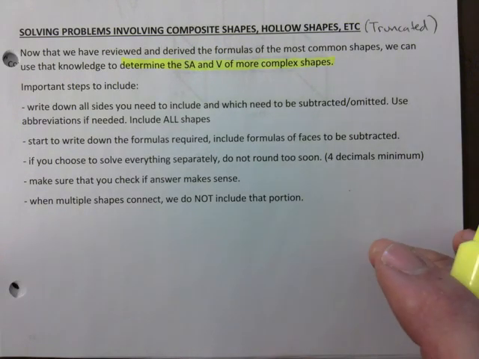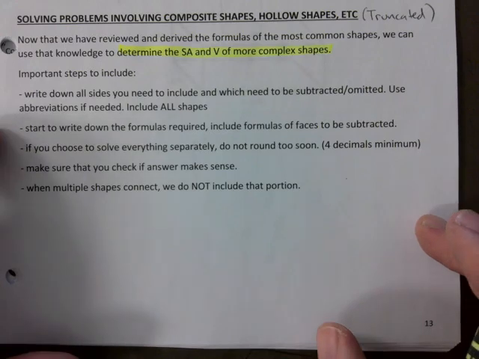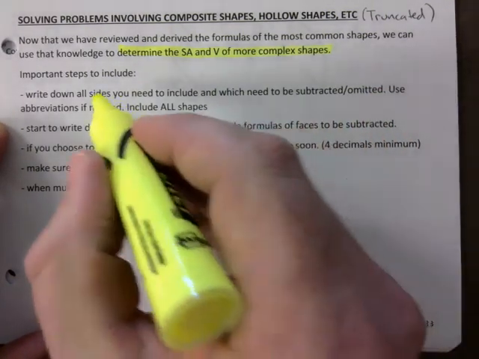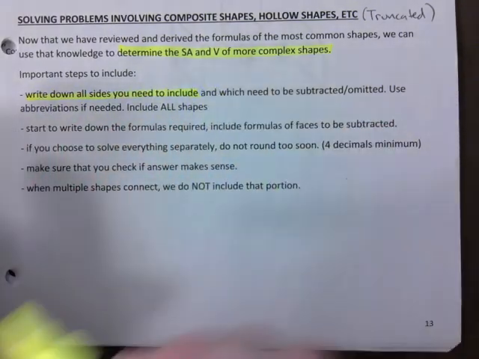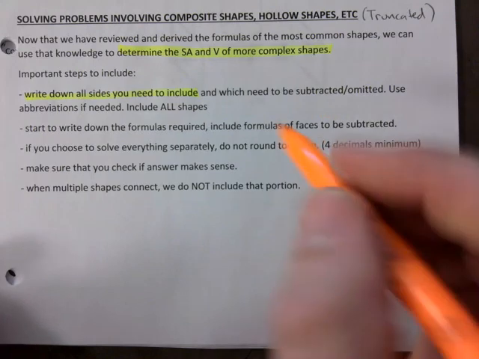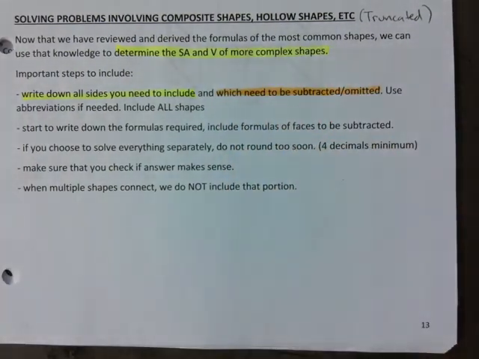Important steps to include. Write down all the sides you need to include and which need to be subtracted or omitted. Write down what you're including, and which ones need to be subtracted or omitted. A lot of students don't think of subtracting. Use abbreviations, include all shapes.